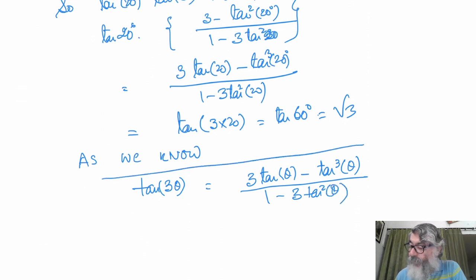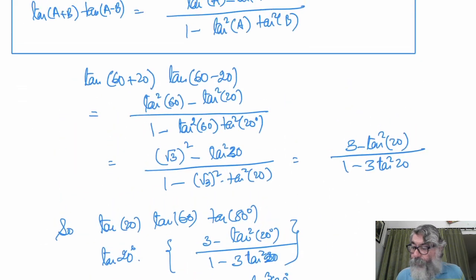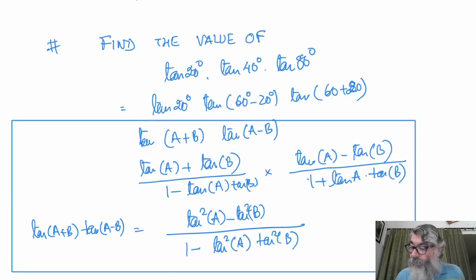So applying this formula, we were able to get the value of the question as tan 3 theta. Instead of theta, it is 20. So tan 3 into 20. We got the values tan 3 into 20. So these are the two questions which are important, which we did with you.